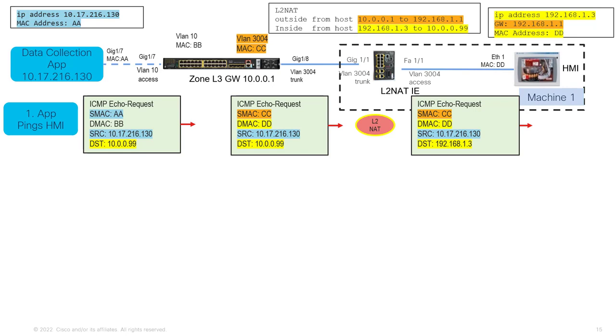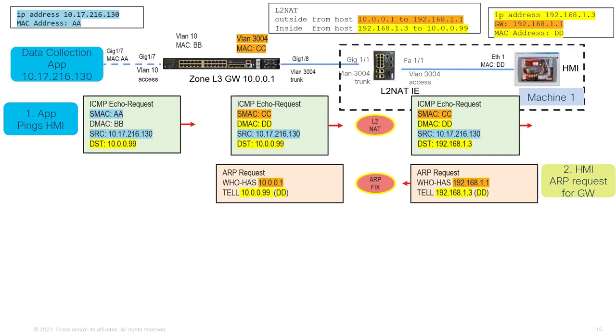So anyway, off it goes into the switch where it hits the translation, and then once it comes through the translation, it comes out the other side. We hit the one rule to translate 10.0.0.99 into 192.168.1.3, and we did not change the MAC addresses because it's a layer 2 switch, so the source and destination MAC addresses remain the same, and HMI machine 1 receives the echo request.